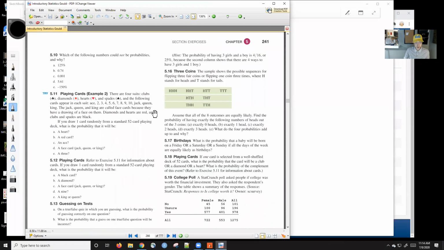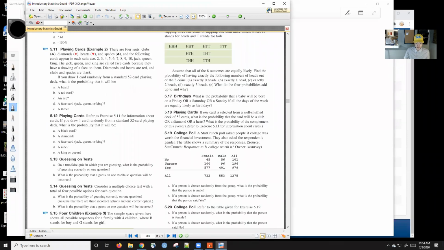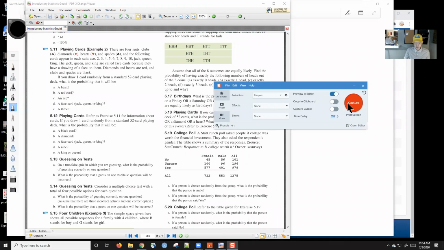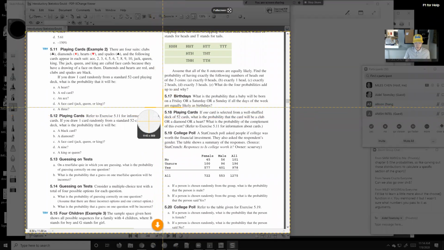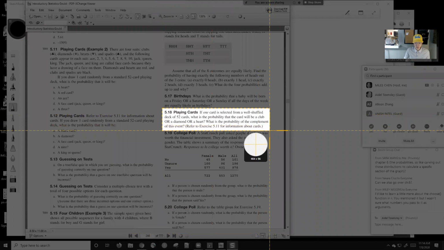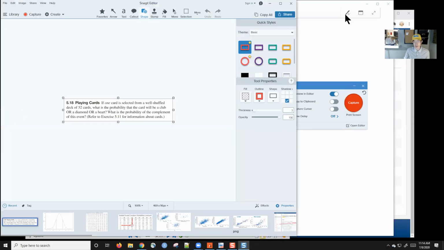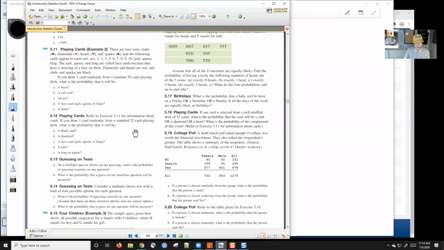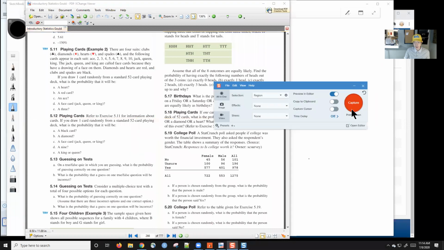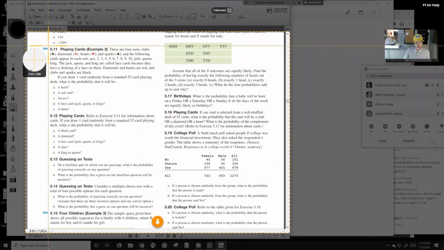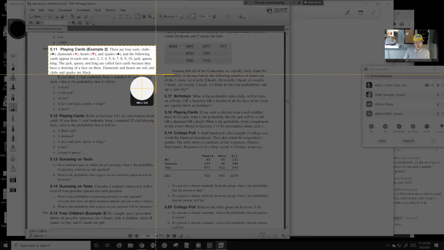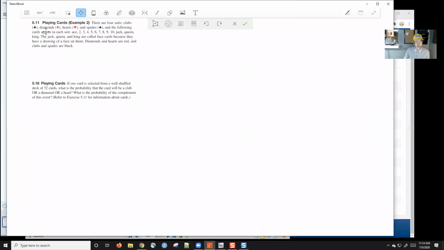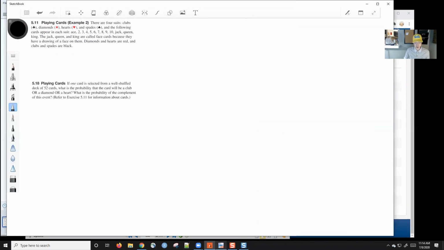Okay, let's take a look at a few of these problems here. So here we've got a playing cards problem, and it says also refer to chapter 5.11, problem 5.11.